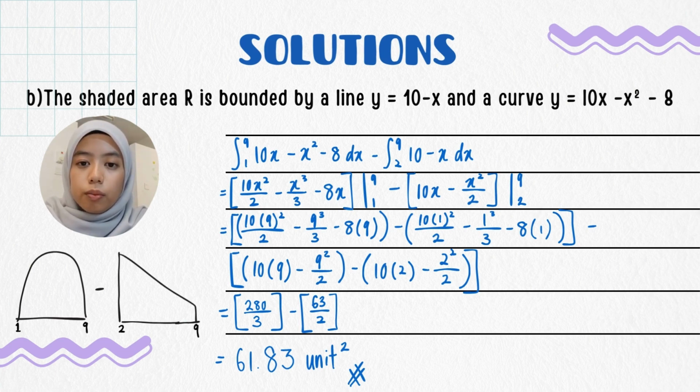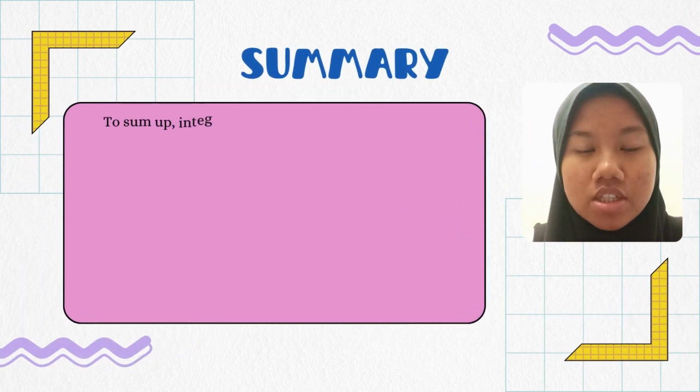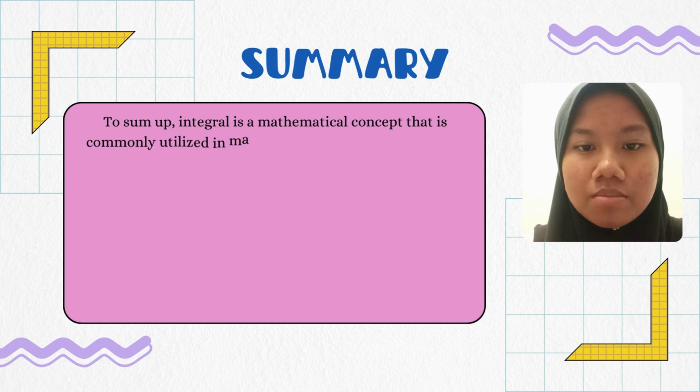Then we make the calculations for the first equation, which is from 9 to 1. It will get 280 over 3 minus 63 over 2, and it will get 61.83 units squared.